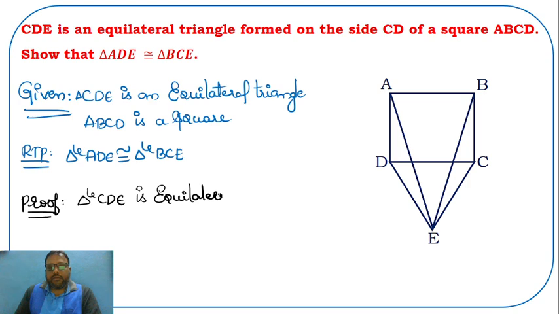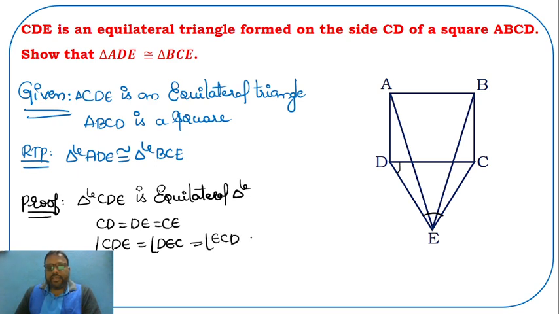So that means I can use that CD equal to DE is equal to CE, and also angle CDE, angle DEC, and angle ECD are equal to 60 degrees because it is an equilateral triangle. Okay, so we got up to here.